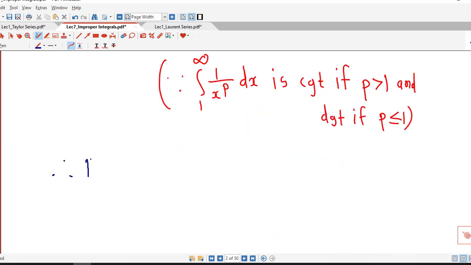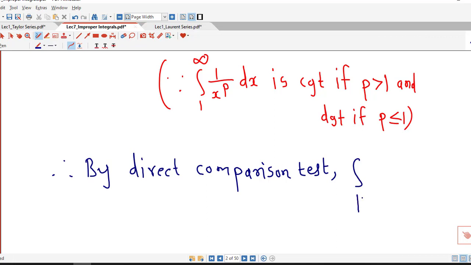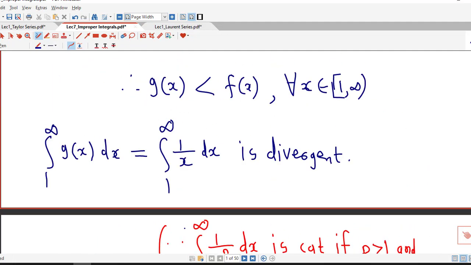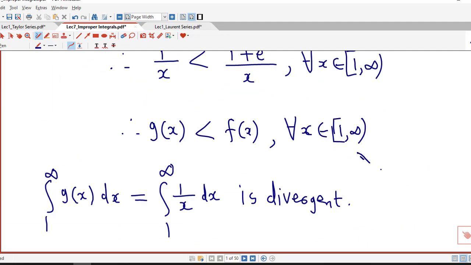Therefore, by the comparison test, here we are doing direct comparison, we can write by the direct comparison test that the integral of fx from 1 to infinity is divergent, because gx is less than fx for every x in 1 to infinity. So this implies the integral from 1 to infinity of gx is less than the integral of fx from 1 to infinity.